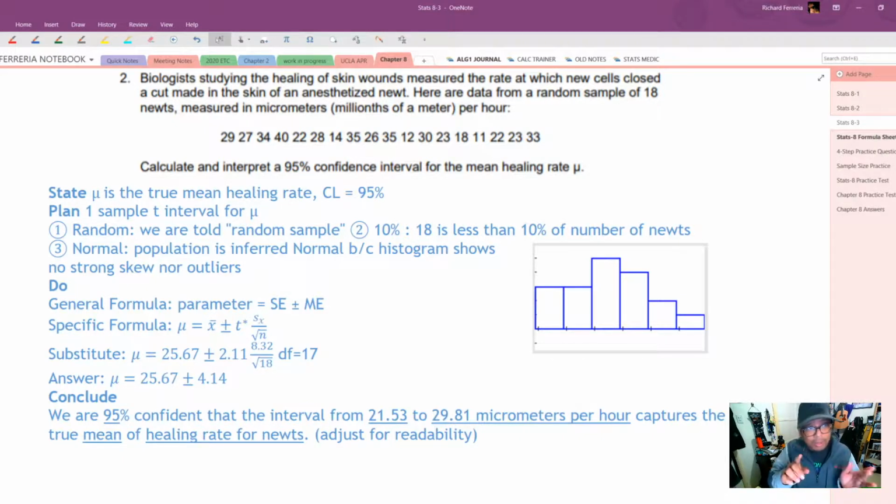If this question is about newts, we better write the word newt somewhere in our conclusion. So let's adjust this for readability. That sounds a little bit awkward. I think we could fix this pretty simply though, just by getting rid of the word of, that's going to read a little bit better. So the true mean heal rate for newts. And I think that's going to do it.